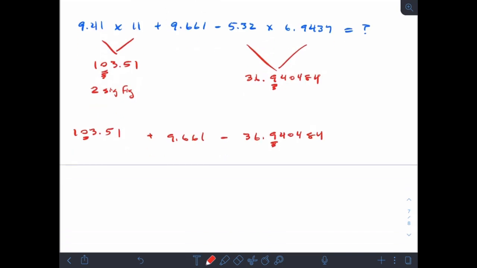So now we're doing addition and subtraction problems, so I care about decimal places. This number stops at the tens place, so it has no decimals. This one has 3.